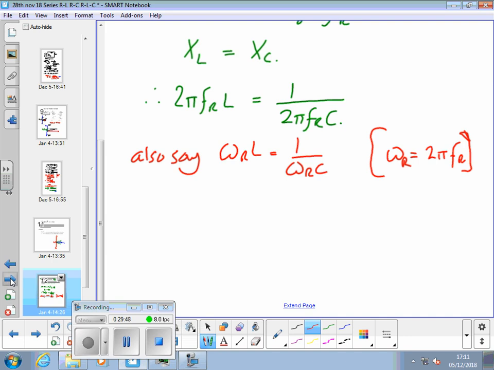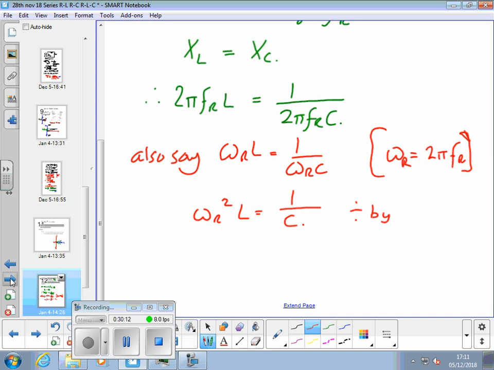It's on the bottom, so multiply. If I do omega R times omega R, what do I end up with? Omega R squared L is equal to 1 over C. Yeah?